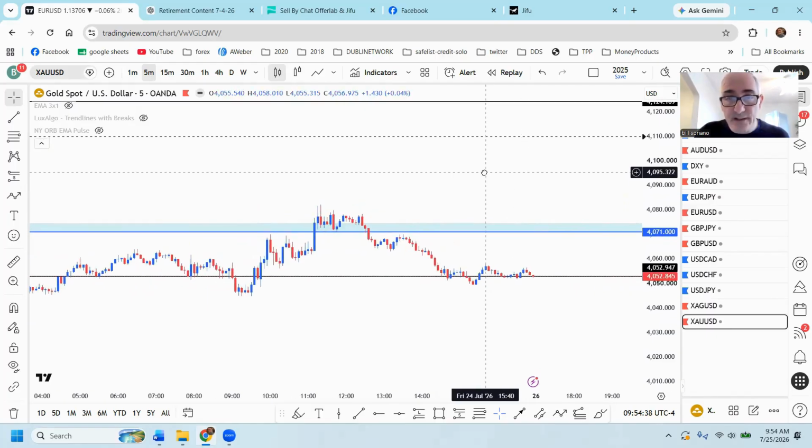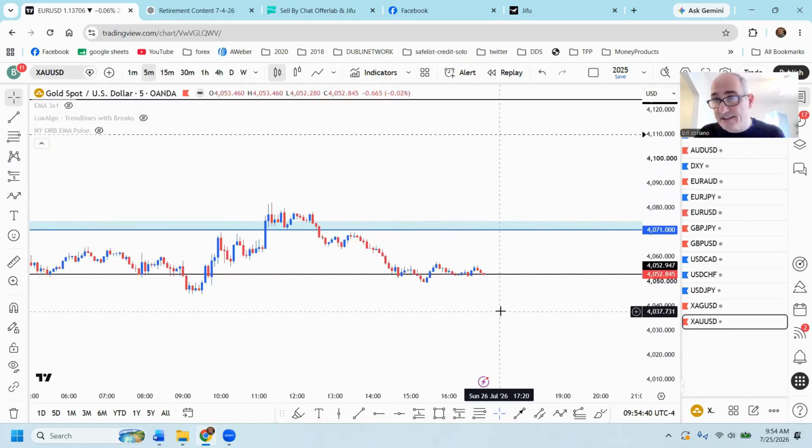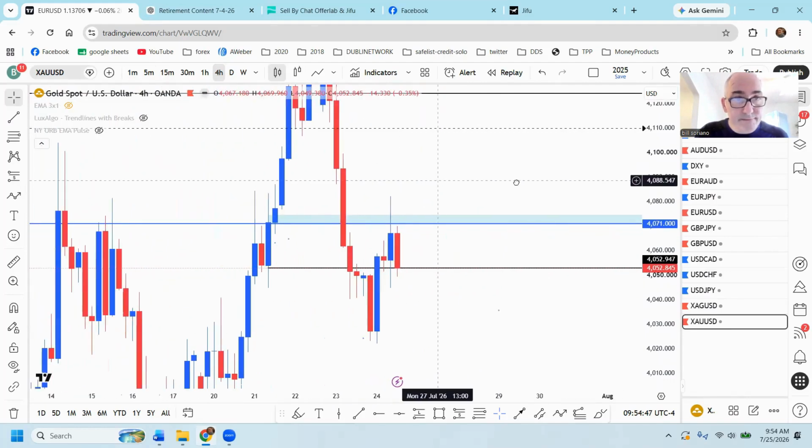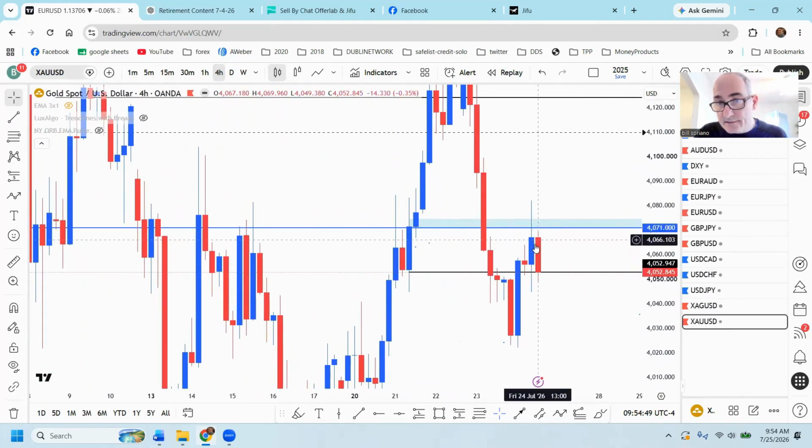Okay, so we're going to be looking right now. Gold is bearish, like I said, unless it breaks above this structure right here. Because again, you can see we're getting a hit right here again.